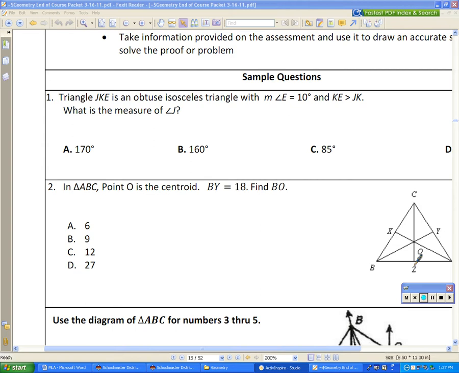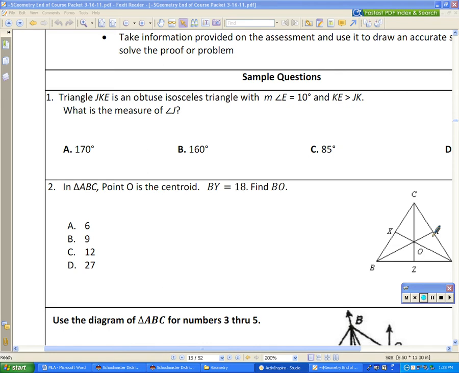This is a third of the whole thing, and this is also a third of the whole thing. So if BY is 18, how much is YO? 6, which means BO must be 12. Wait, how did you get 6? Because what we said is the short part is a third of the entire thing. How do you know? Because that's something that we discussed earlier in the course.